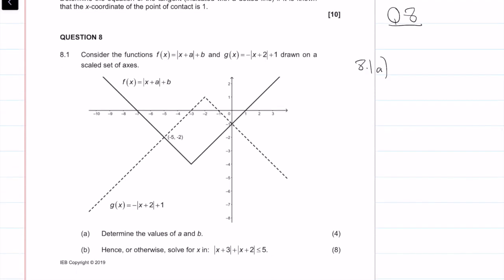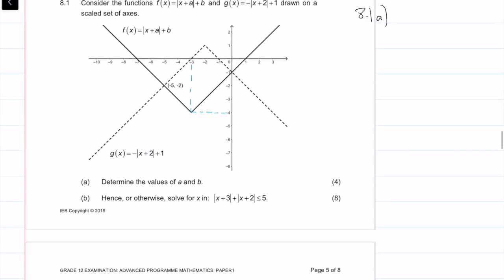There's no real way for us to get the values analytically, so we resort to looking at the graph itself and getting the coordinates of the turning point, or the salient point, which is minus 3 on the x and minus 4 on the y.